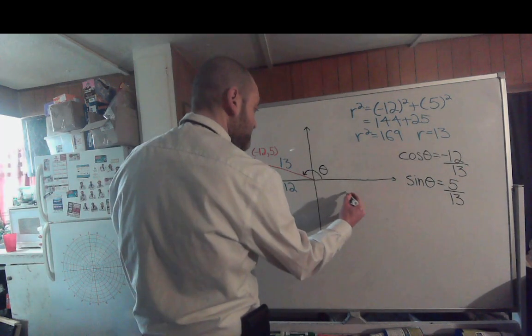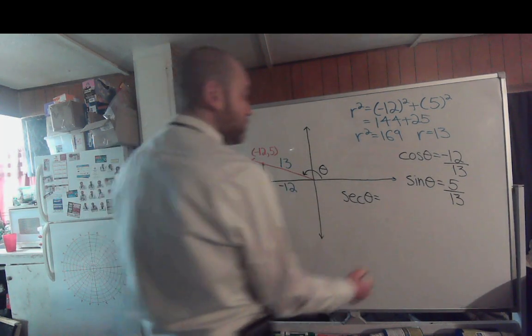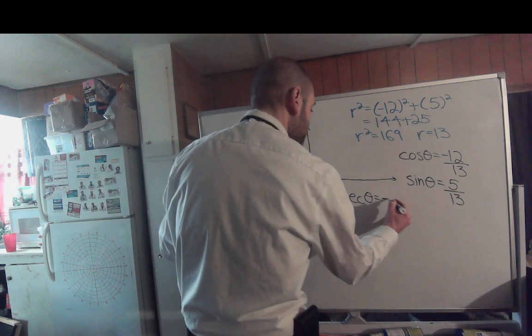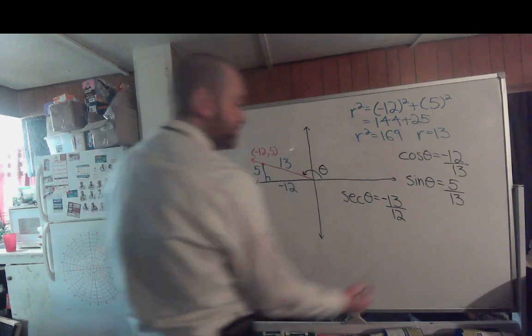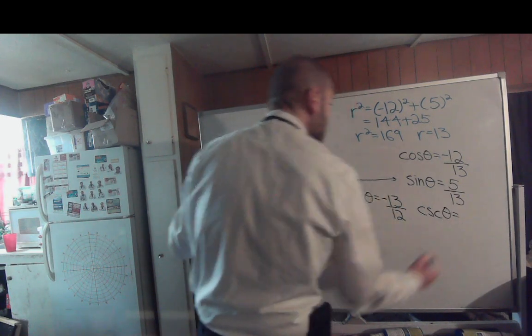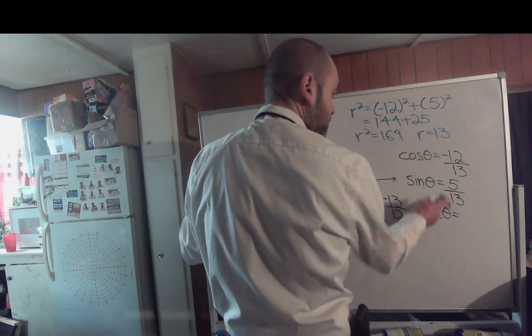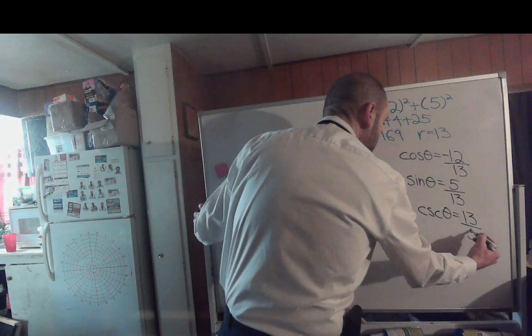Now we can take the secant of theta, which is 1 over the cosine. So 1 divided by negative 12/13 would give you negative 13/12. Then we can find the cosecant of theta. That's going to be 1 over your sine. 1 over 5/13 would be 13/5.